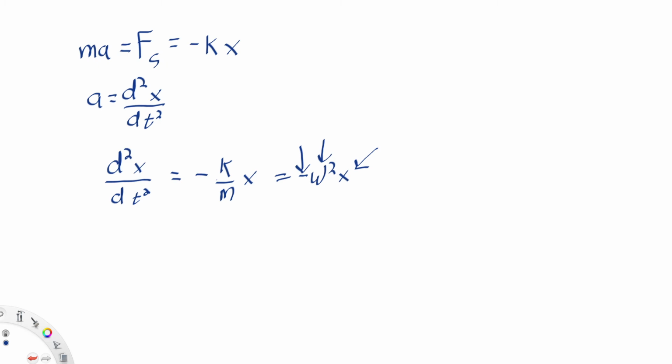Right? What kind of function has the property where if you take the second derivative, you get a negative constant times the original function? Anybody? You think of any function.